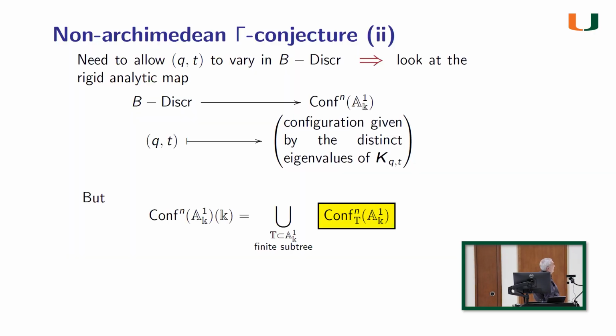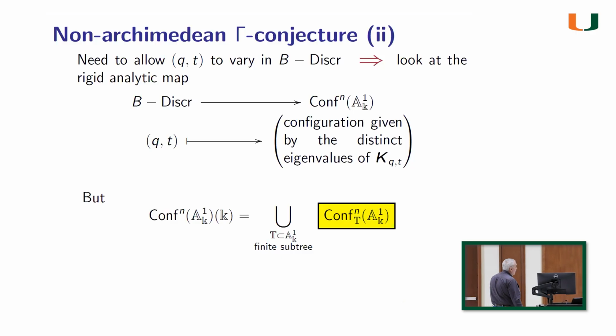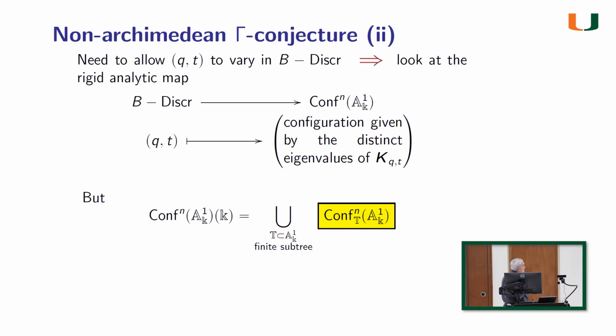But the configuration space of k points in the non-Archimedean affine line is stratified. It's stratified by trees.